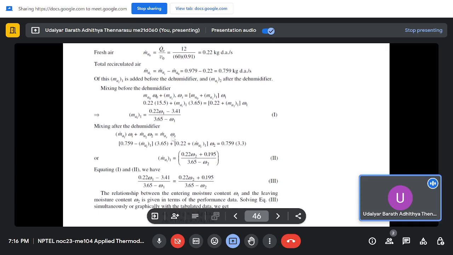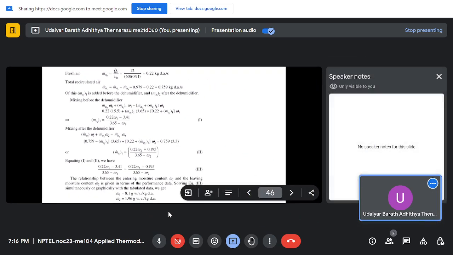So equating these two, we can find out relation between omega 1 and omega 2. Using trial and error, omega 1 will be equal to 8.1 grams of water vapor per kg of dry air, and omega 2 will be 1.96 gram water vapor per kg of dry air.